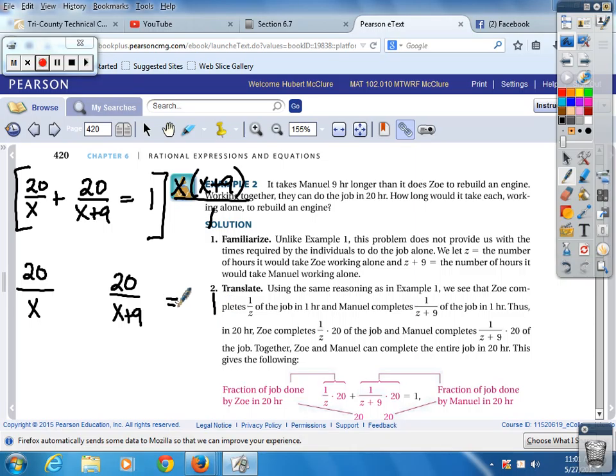And we're going to take our red marker and put in X times X plus 9 over 1, plus X times X plus 9 over 1, equals X times X plus 9 over 1.